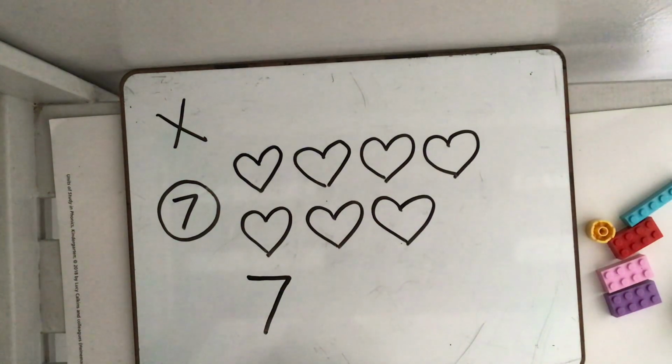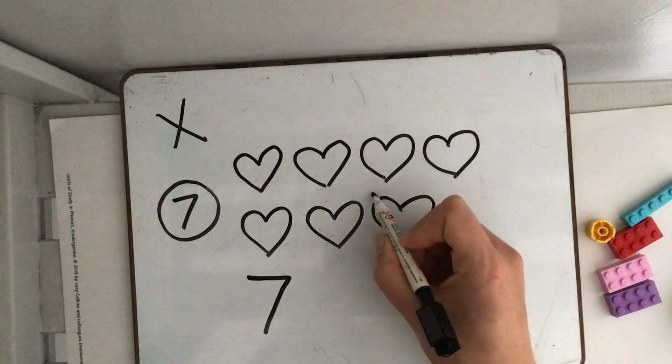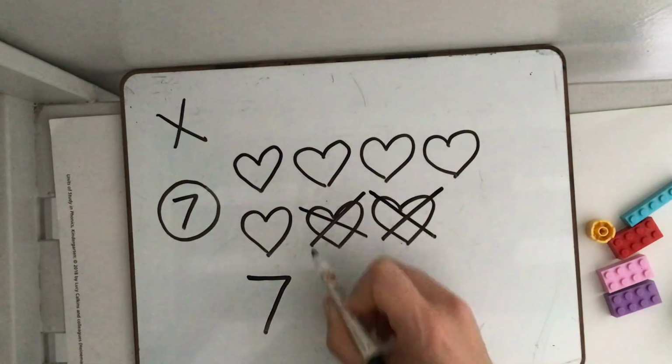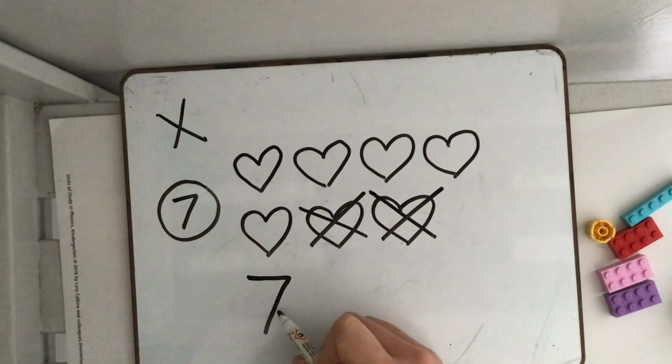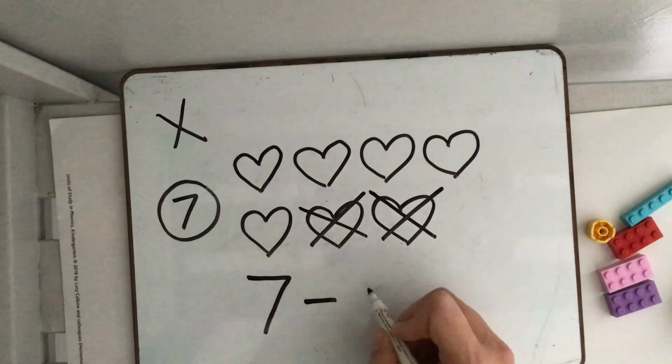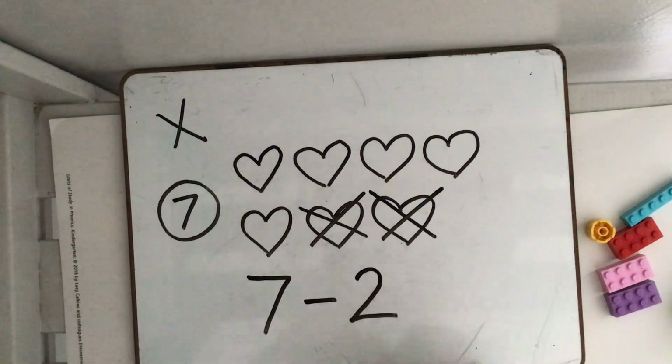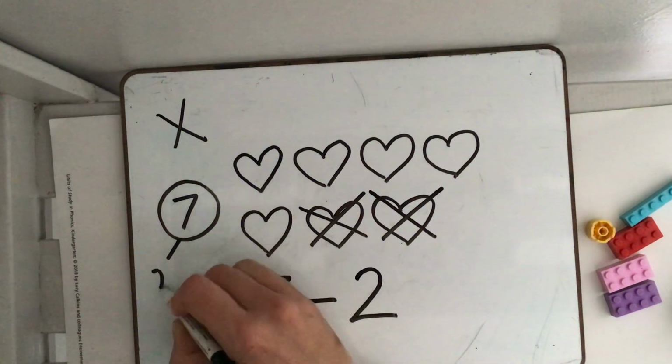So remember, when something goes away, we're not going to erase it. We're just going to show an X. So let's give away 2. 1, 2. So 7, we had 7, we took away or subtracted 2. 7 take away 2. 2 is one of the parts over here.